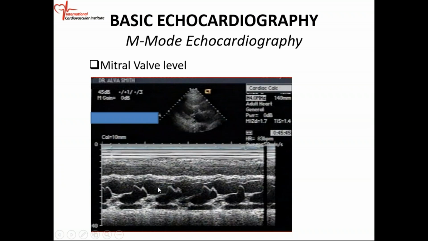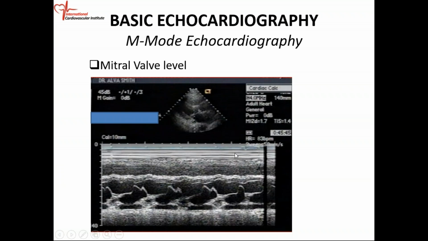But inside the LV cavity, you have the mitral valve. And then if it crosses the left atrium, this will be the left atrium right down there. But if we analyze the mitral valve in a little detail, again, everything in echo is gated.